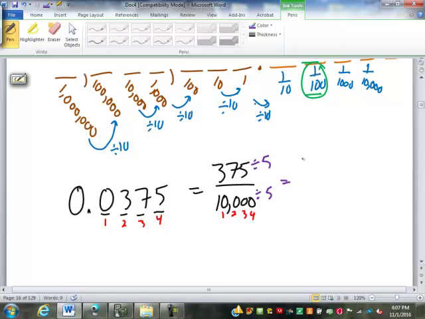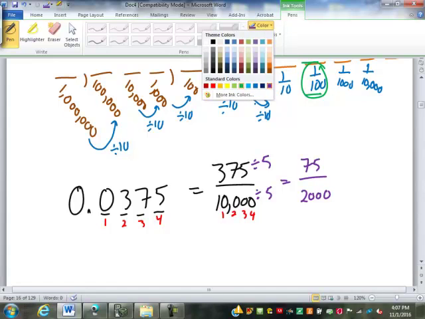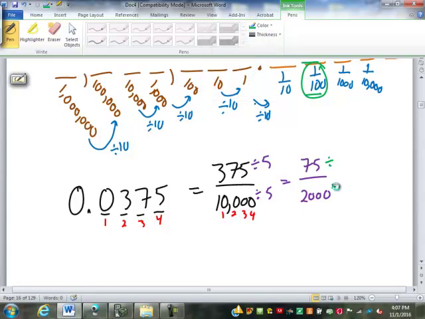That would make this 75 over 2,000. Now they can still both be divided by, I would go 5 again. 15 over 400. Are we done?